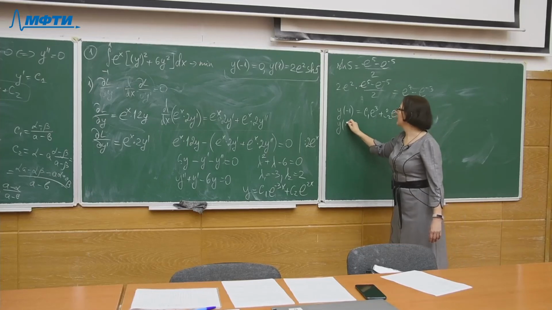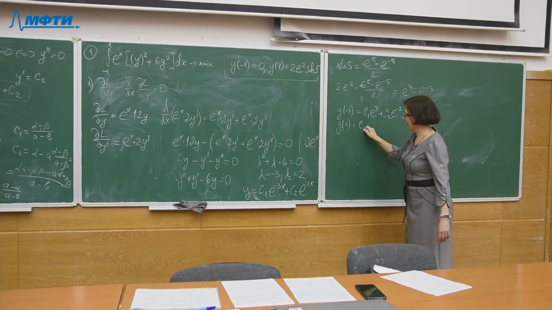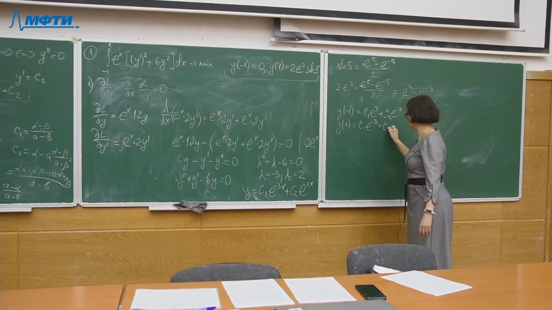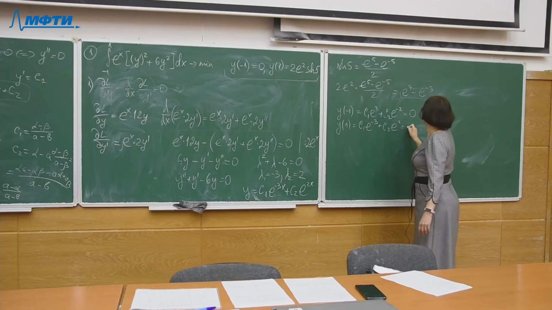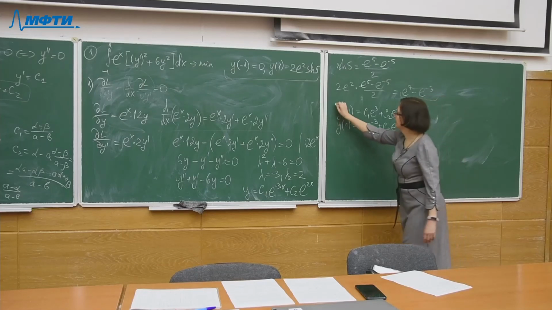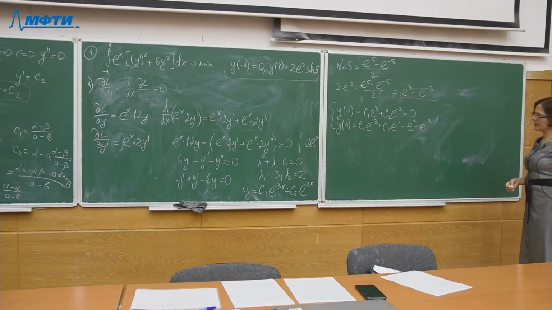And y of 1 equals this: c1 e to -3 plus c2 e squared equals e to 7 minus e to -3. We must solve these equations together.